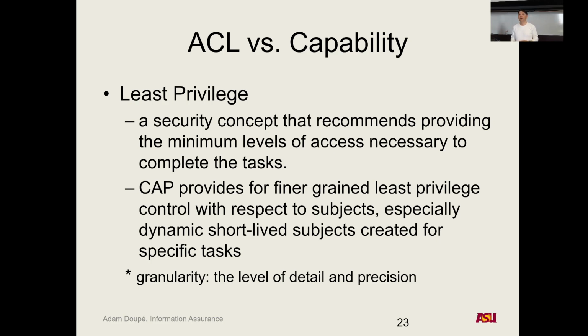So how about the Wi-Fi account? ASU students are open to the ASU Wi-Fi, but how about a visitor at ASU? Should we allow them to use the ASU Wi-Fi permanently? No, right?